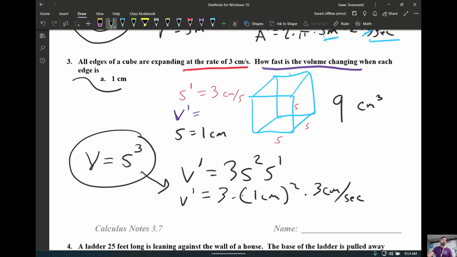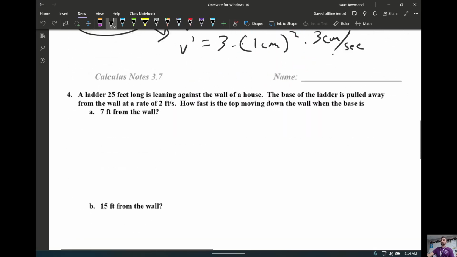Volume is cubic units, and then it's per second. Okay with that? Okay, let's step it up one.